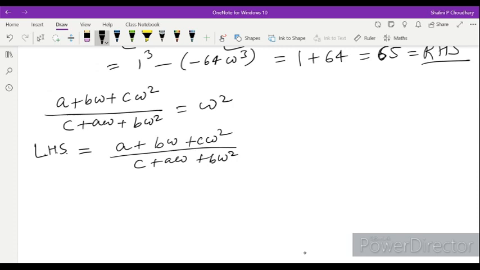When you multiply by omega square in the denominator, this will be equal to C omega square, A omega cube. So A omega cube will be equal to A into 1, since omega cube is equal to 1.